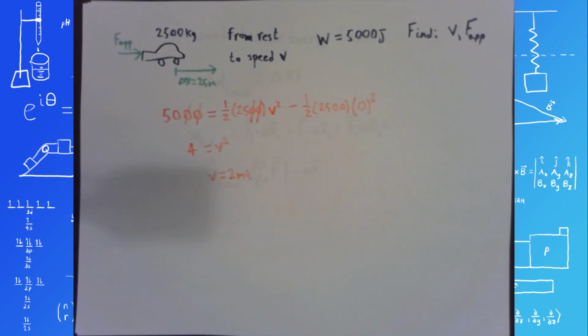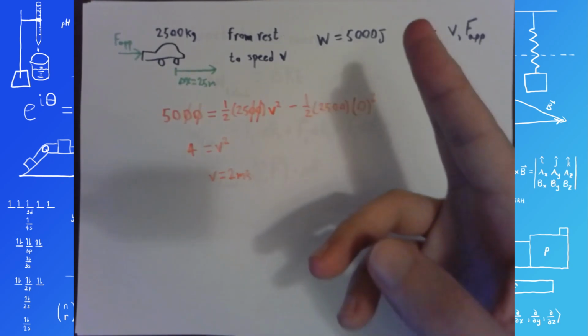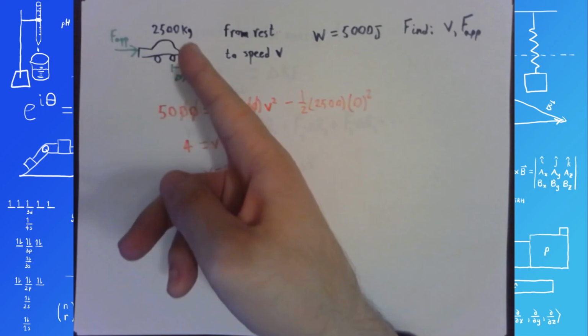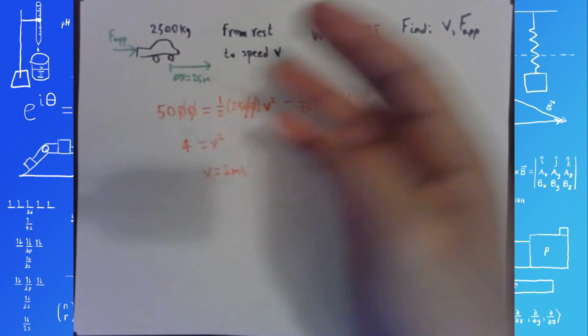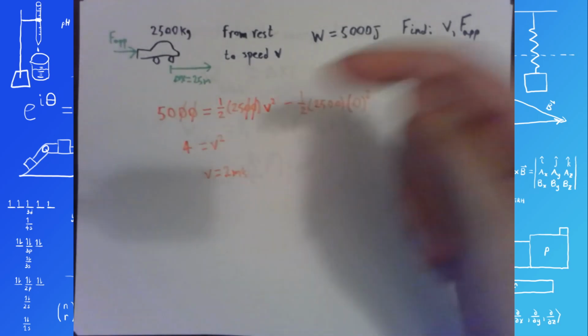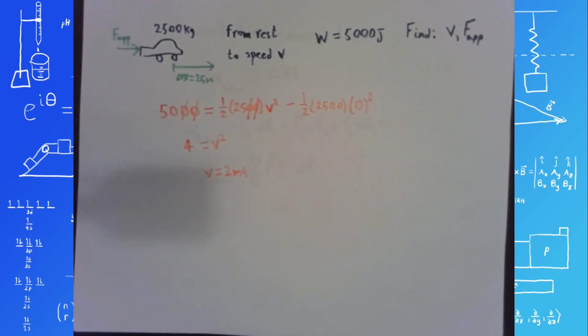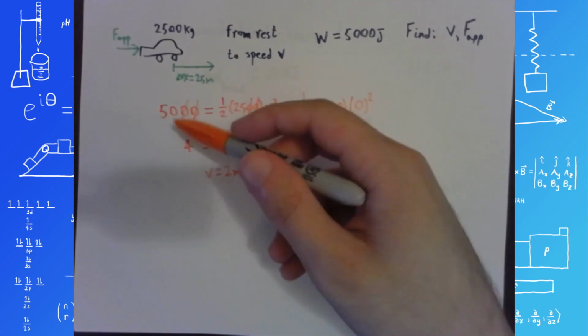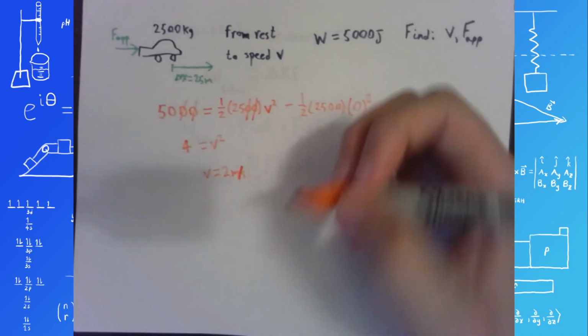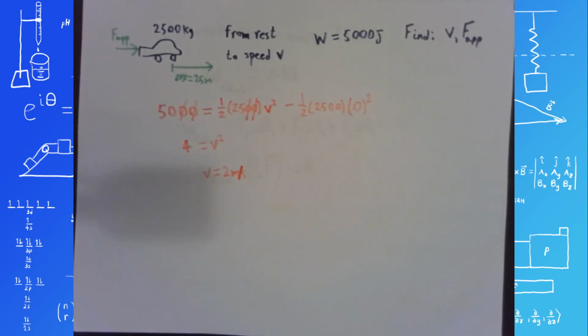If you tried to do this the other way by using the work and the displacement to calculate the force, and using that with the mass to calculate acceleration, and then using kinematics equations, I think you can tell just from that description alone how many steps it would take just to reach this same result that we were able to get in essentially just 2 steps, maybe 3 if you wanted to do every algebraic step individually and write it out instead of doing a little bit of mental math to save time. But there we go. That's the first part.